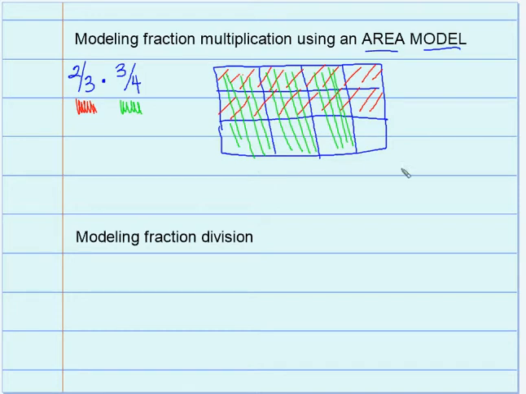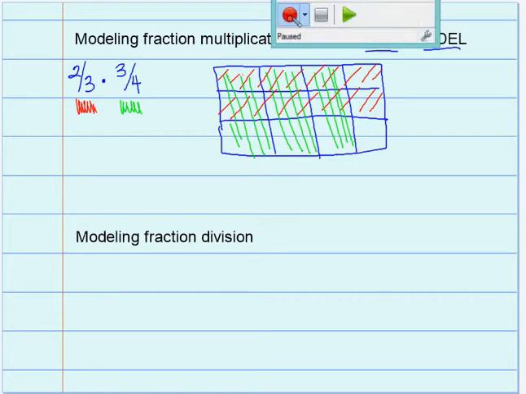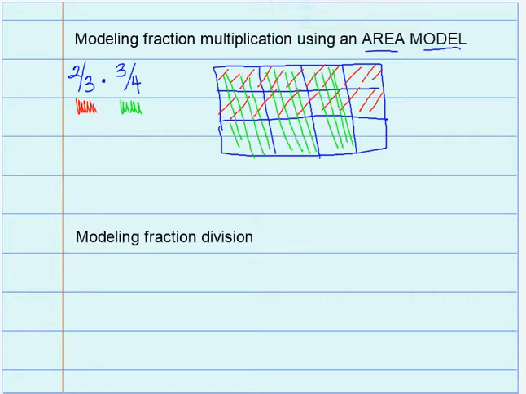Now, what we're looking for is the overlap. Not these extra areas, right? Just here where we overlap, where we have shaded both, that's the product.